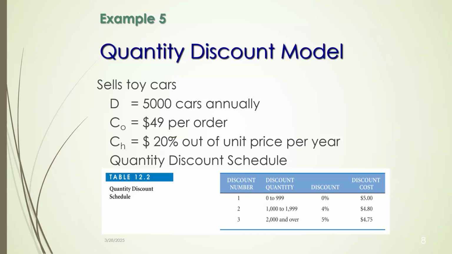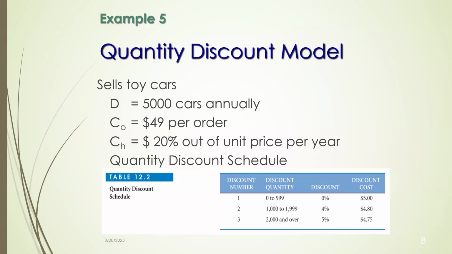To answer this type of question, you need to calculate the economic order quantity for each discount number separately, using the same model we used earlier, square root of 2DCO divided by CH. Then after you calculate the economic order quantity, you need to check whether it is within the range or not, meaning the given discount quantity range.